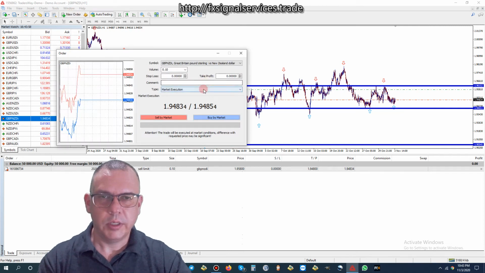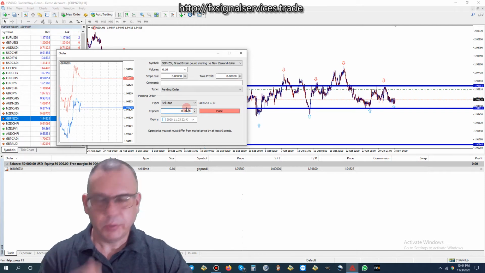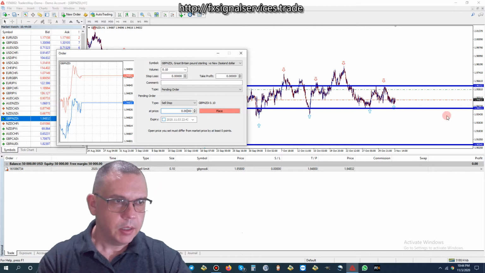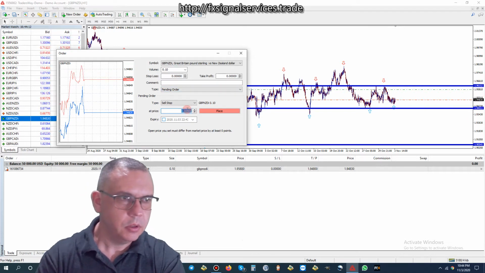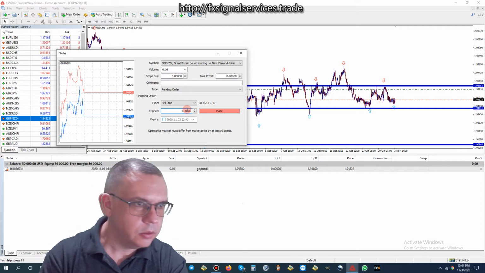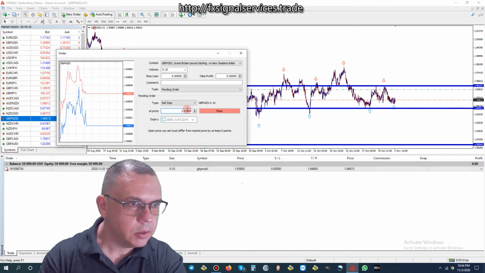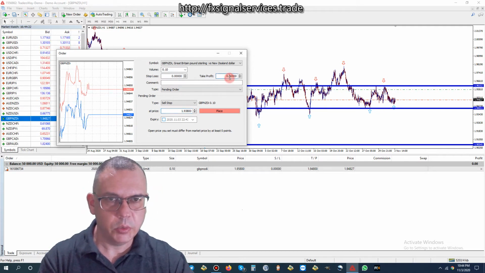If I go to new order here and select pending order, then I'm going to choose sell stop. After we choose sell stop, I want to pick a price that's a little below here, and it doesn't have to be an exact number, but I'm going to pick 1.93800. Okay, 800 seems to be the lucky number here, right?